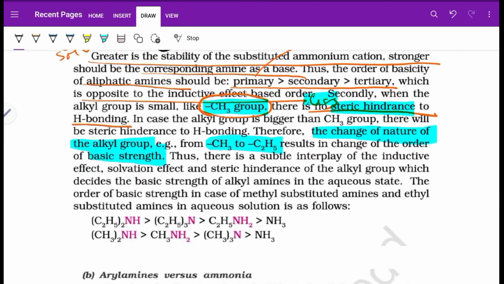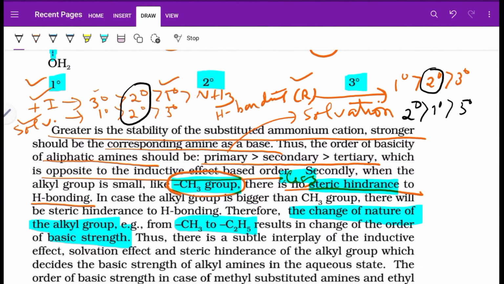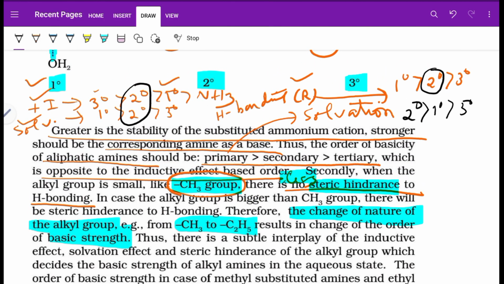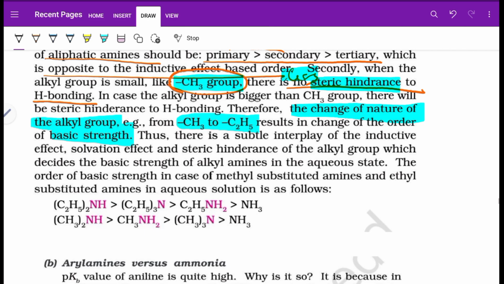The reason is that in these three effects, 1-degree is having greater basicity or greater effect in two of the factors. So when you compare the three factors, it is 2-degree greater than 1-degree than 3-degree.